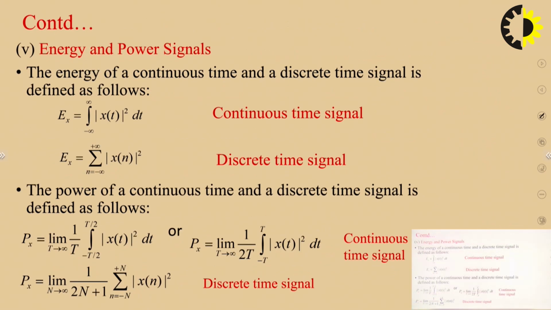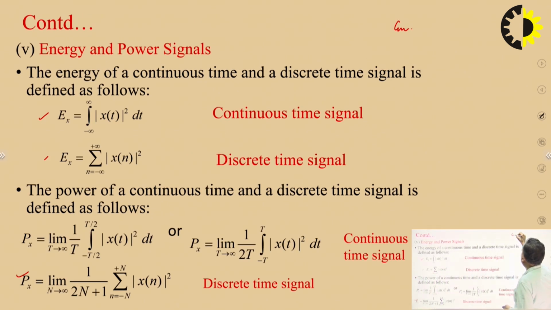Now, if we look at the energy and power of a signal, the energy of continuous time and discrete time signals can be obtained using these formulas. This is for continuous time signals, and this is for discrete time signals. The power of continuous time and discrete time signals is defined using these expressions. With the help of these expressions, we can find the energy and power of a given signal.